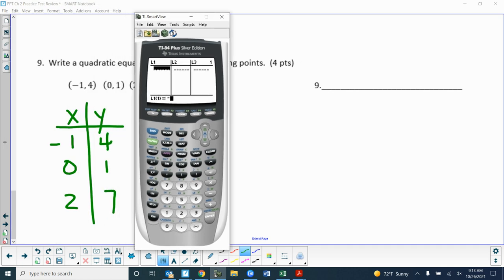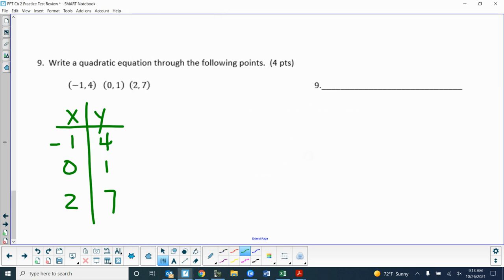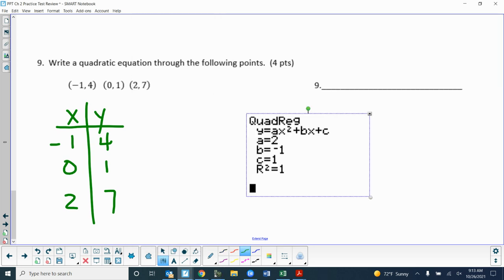So, -1, 0, 2, move over, 4, 1, 7, stat, calc, 5, enter, and that's your A, B, and C. So y equals 2x squared minus 1x plus 1.